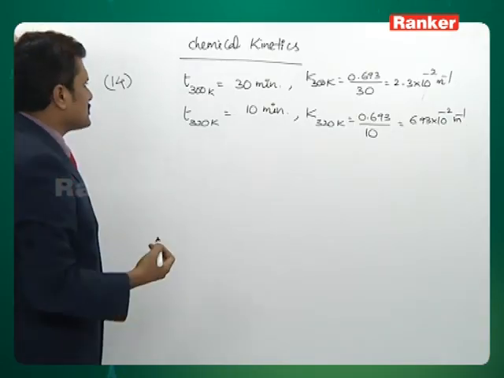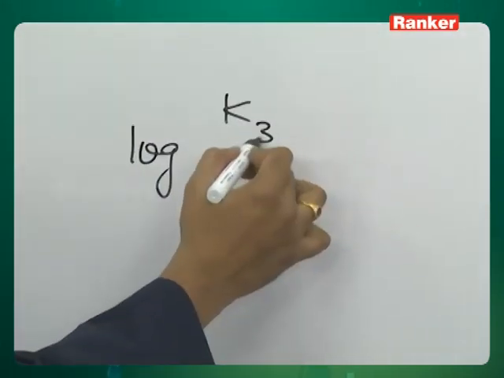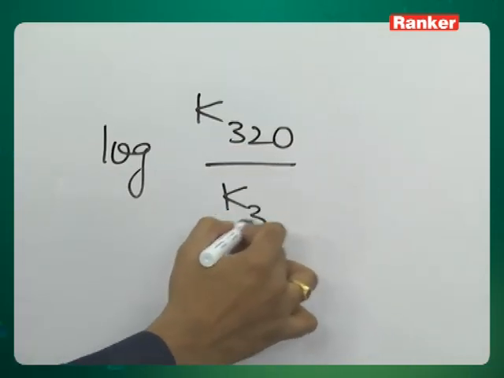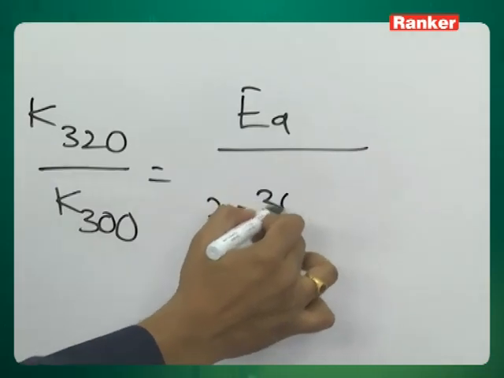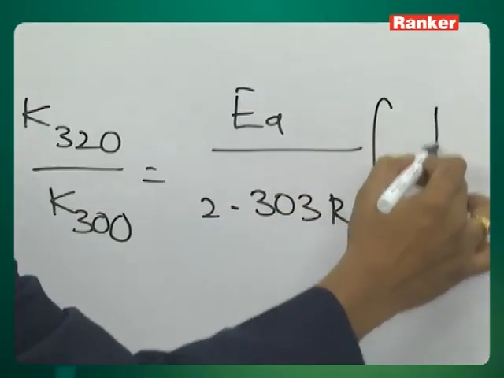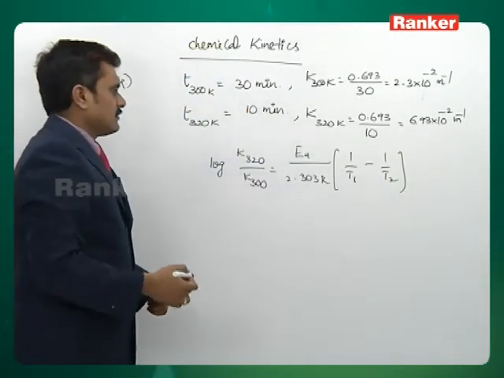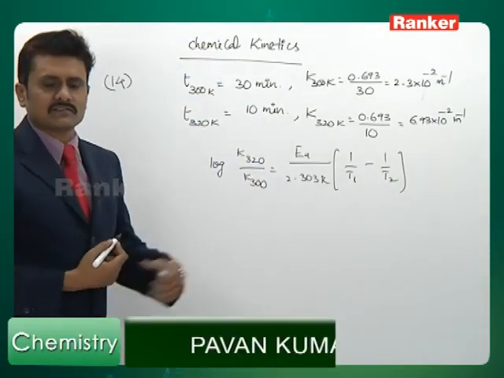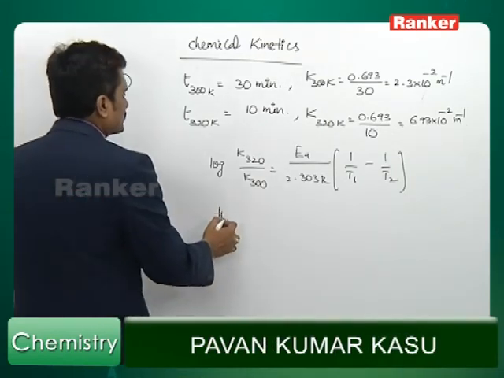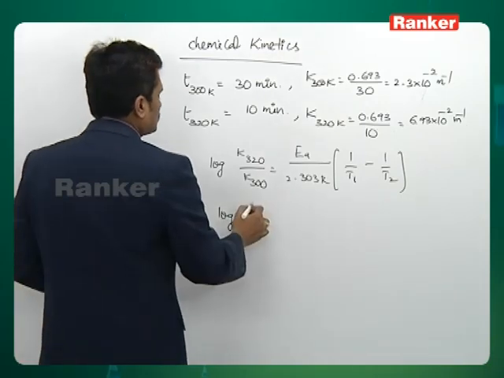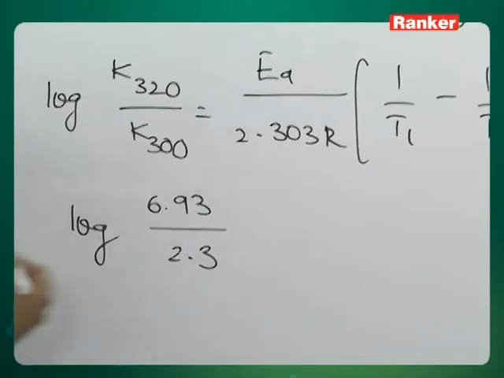Now to find the energy of activation, we have log of K of 320 upon K of 300 is equal to energy of activation upon 2.303 times R into 1 upon T1 minus 1 upon T2. Since we have the values of K1 and K2, when I substitute here, I am going to get 6.93 into 10 power minus 2 upon 2.3 into 10 power minus 2.